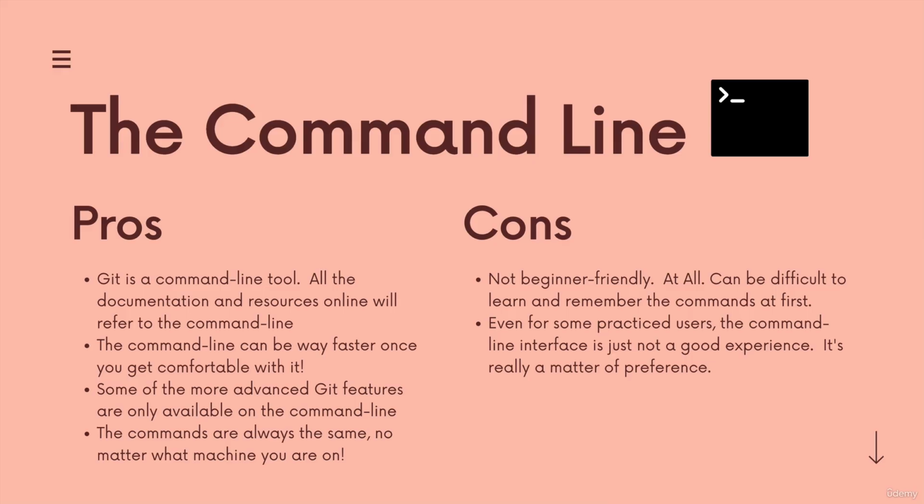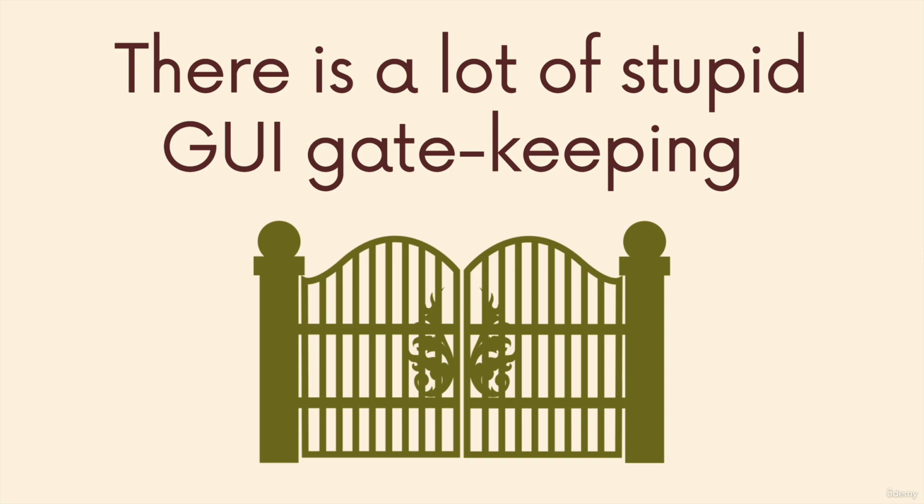The commands are always going to be the same from one command line to the next, assuming you're using a Unix-based shell. It doesn't matter whose machine you're on. The commands are consistent, and Git is created as a command line tool, so all the documentation, tutorials, and resources are oriented around the command line. So there's a lot going for both sides.